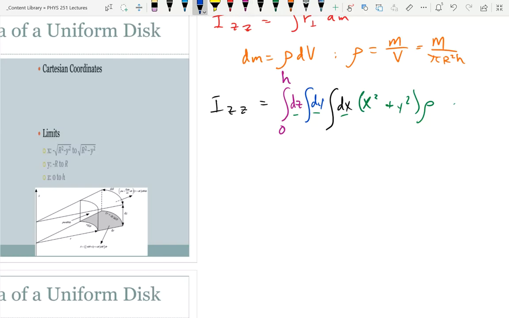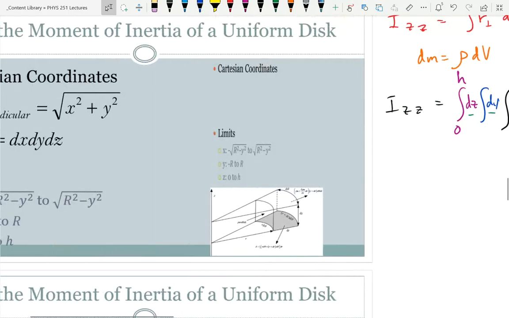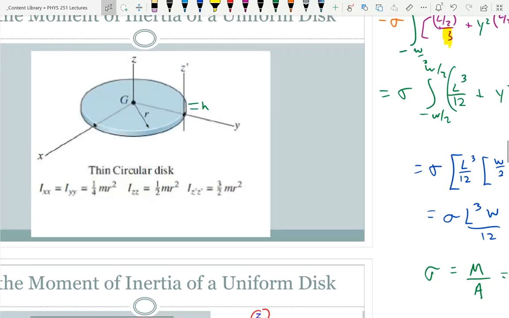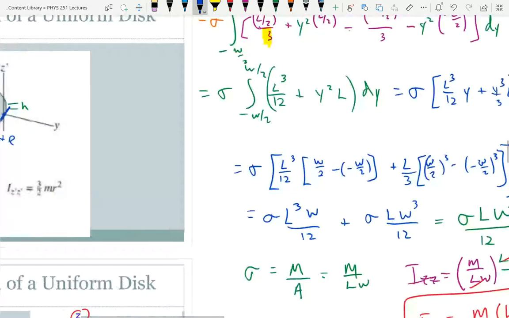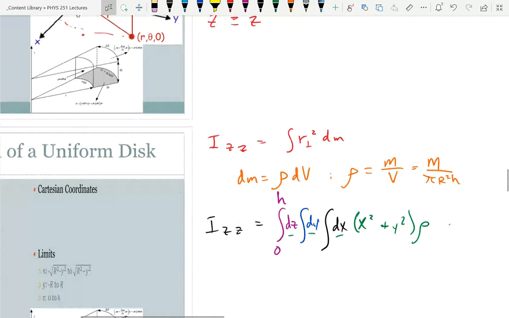Now dy, what's the extent of the y variable? Once again, looking at the picture, y is going from plus r. And of course, I need to actually make my limit go from minus r to plus r. So that's easy enough. That's the same for the x, isn't it? Oh, you wish. If it was the same for the x, this would be easy.